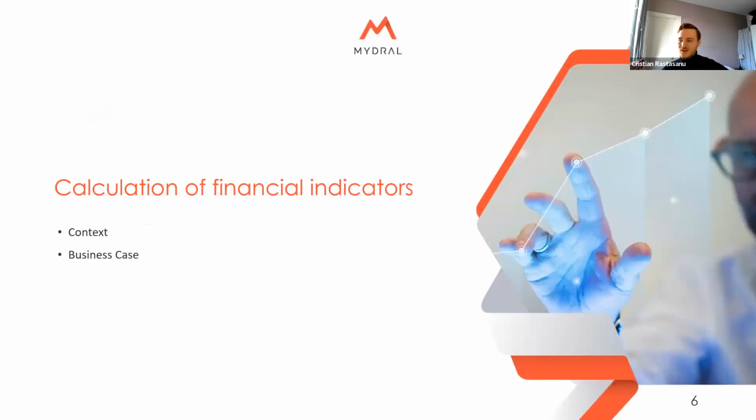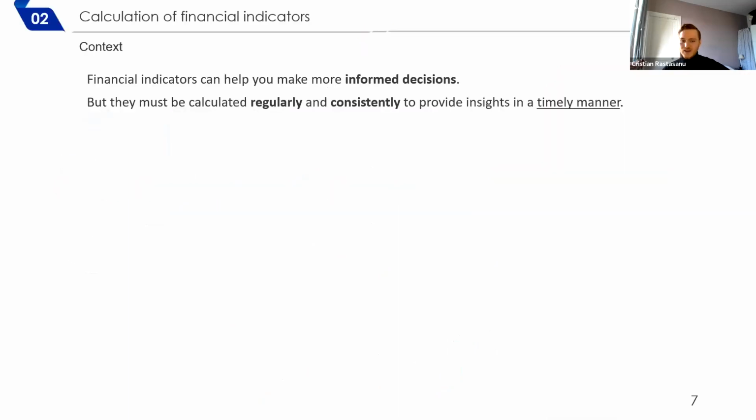So the calculation of financial indicators. We'll go to a context, and the context is really simply put. In the world of finance, one often has to calculate financial measures to make decisions, right? And the problem is that these calculations have to be done regularly and they take a lot of time.